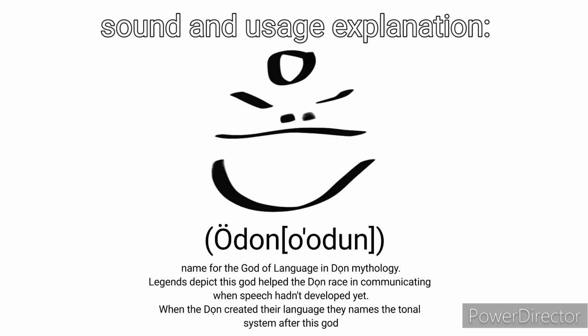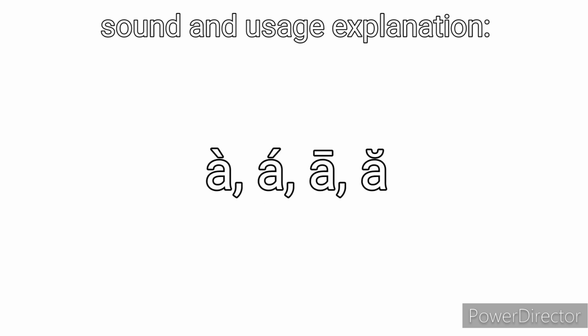One thing that will probably get mentioned in the upcoming YouTube channel, Berry, is that the Dọnuri language uses its own tonal system known as Ödon. This tonal system works a bit different from ours, but does have some similarities. You probably recognize a few tones like these ones right here from Chinese pinyin.